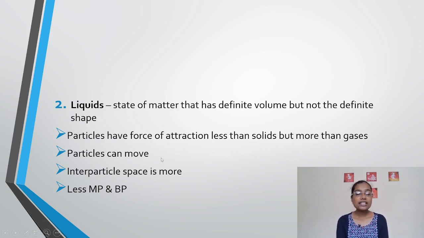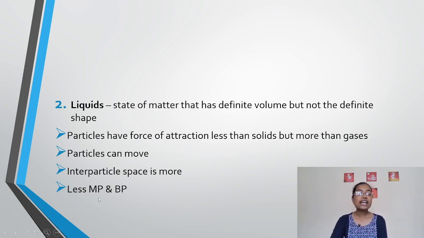Due to the presence of space between the particles, they can move from one place to another. And these have low melting and boiling points. Due to the lesser force of attraction between the particles, they show low melting and boiling points.